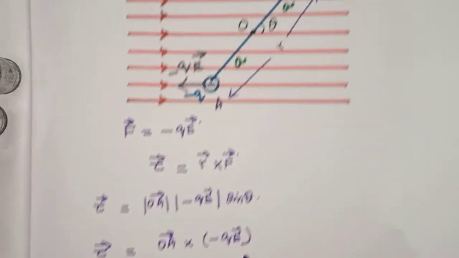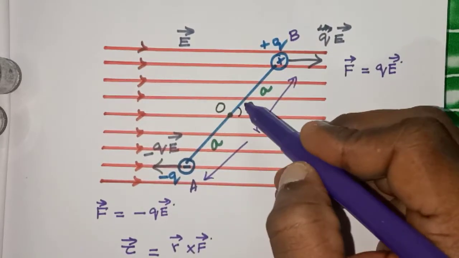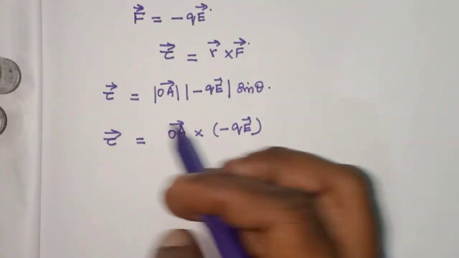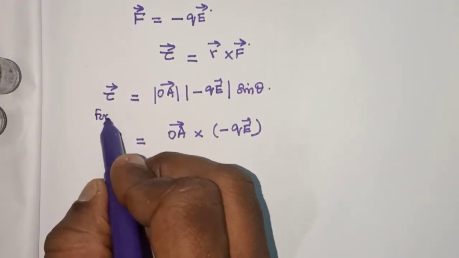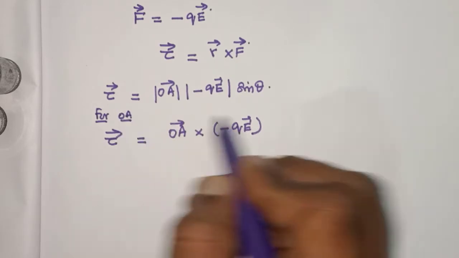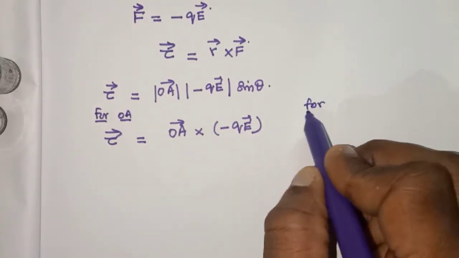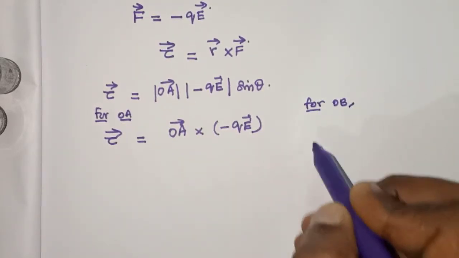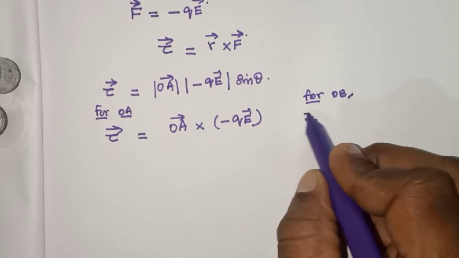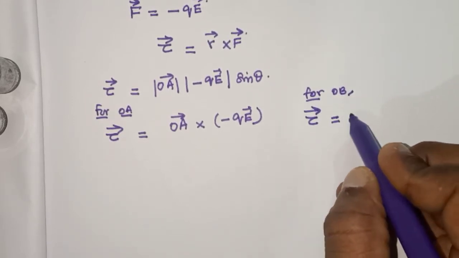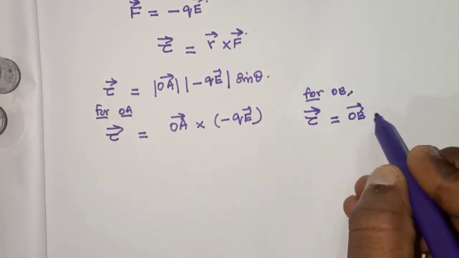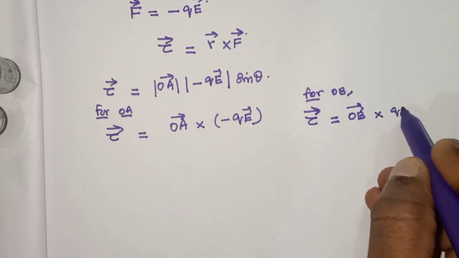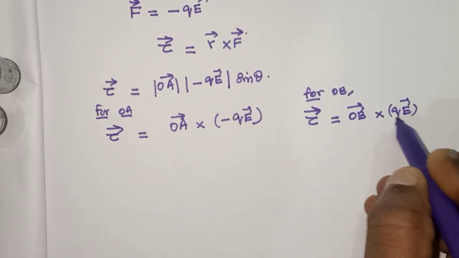Similarly we can write for OB: tau is equal to OB cross QE vector.